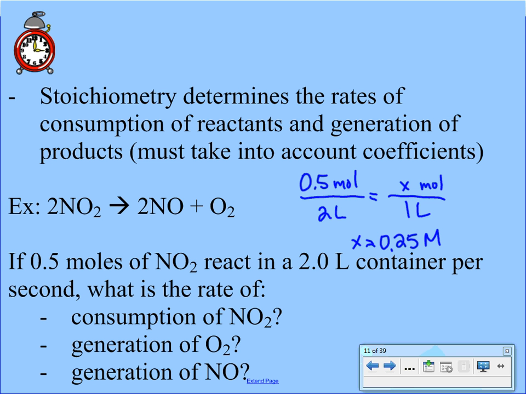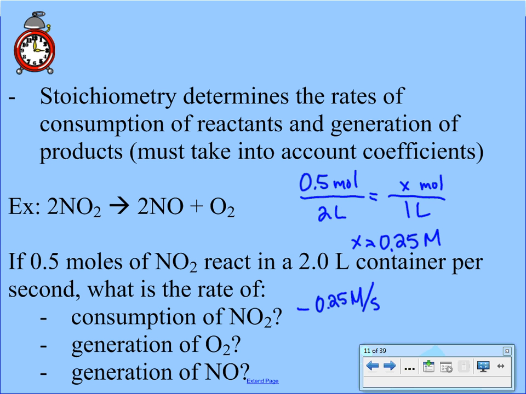And since it's being consumed, we could say that the rate is negative 0.25 molar per second. Using the word consumption is also saying that it's going to decrease by 0.25 moles per liter per second as well. Sometimes the wording in there can tell you more than the sign.